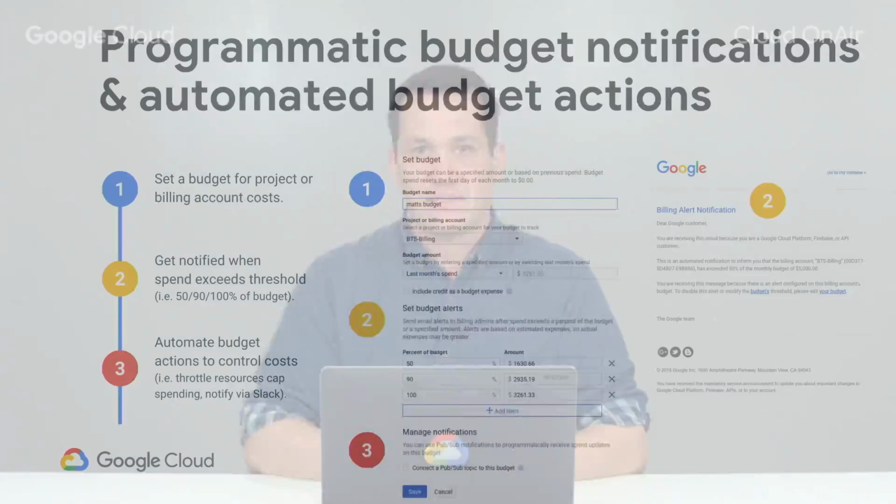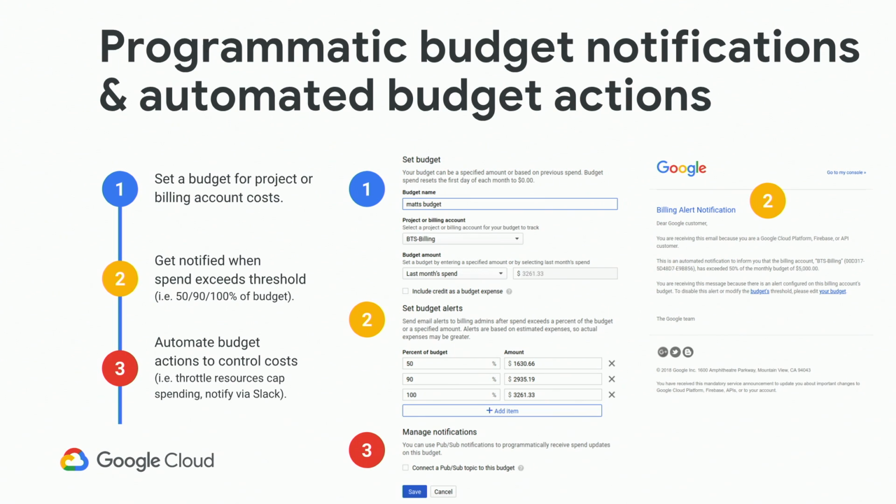Here's a screenshot of what budgets and alerts looks like, where you can see how you set a budget at the billing account or project level, get notified, that's the email on the right, when spending exceeds a certain level, and also configure programmatic Pub/Sub alerts to send to Pub/Sub topics that you monitor programmatically, for example, with a Cloud Function or a custom script that takes the appropriate response.